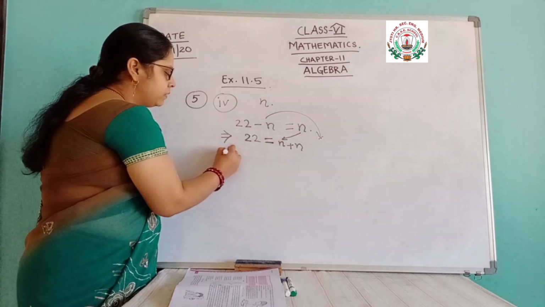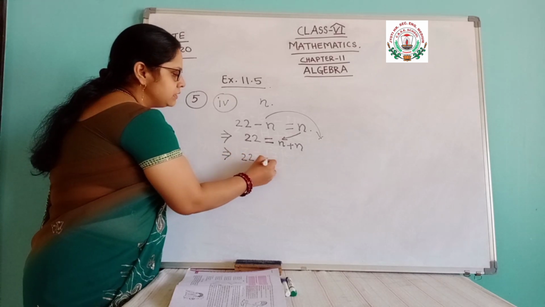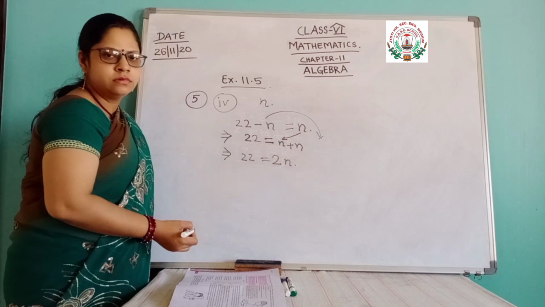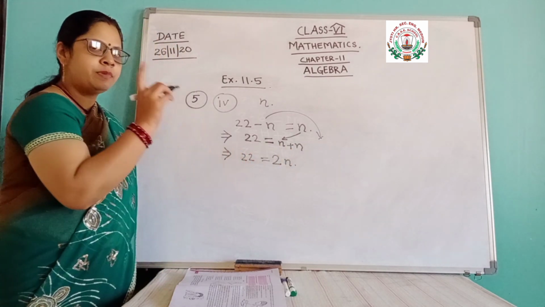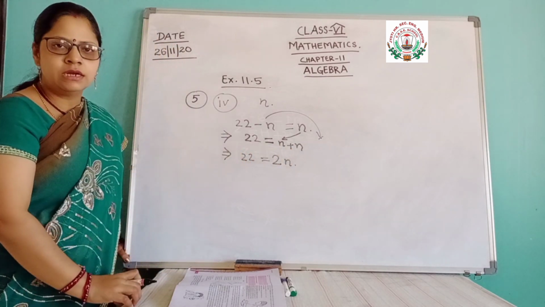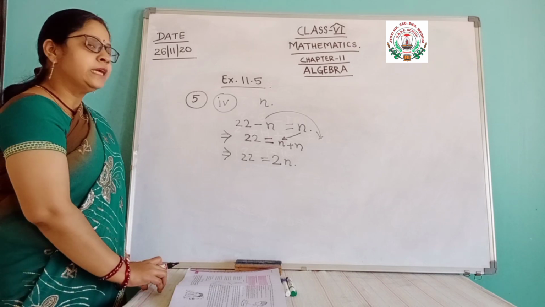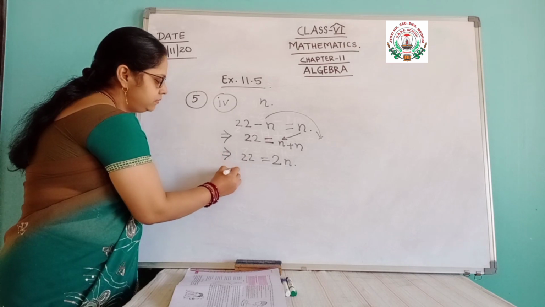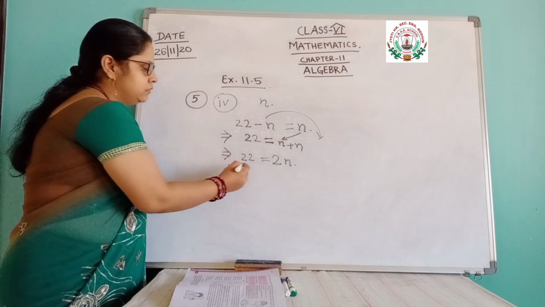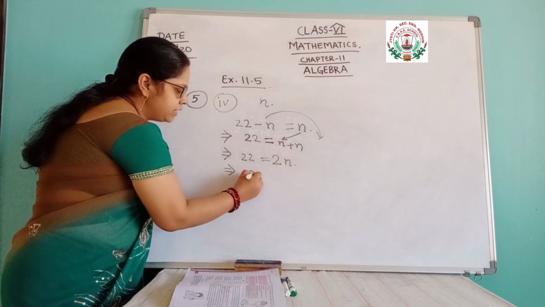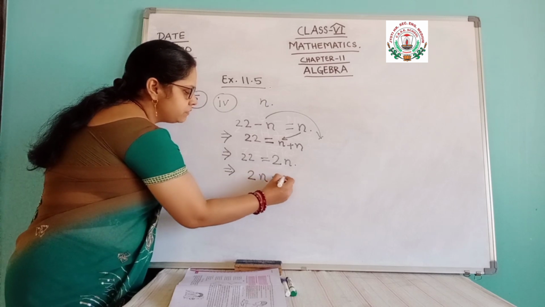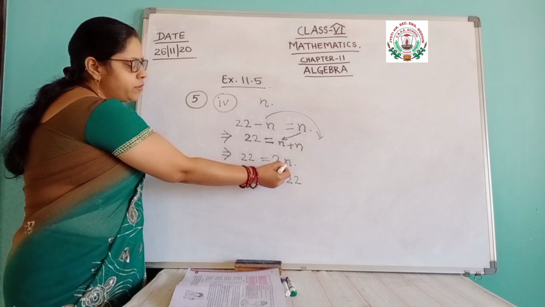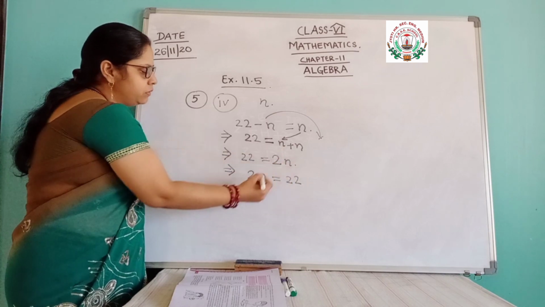Okay. Now this is 22, and this is 1n plus 1n, which is 2n. Algebraic expressions you might have studied: n into n is n square, and n plus n is 2n. Now you can just transfer here and there. You can write 2n equals 22.